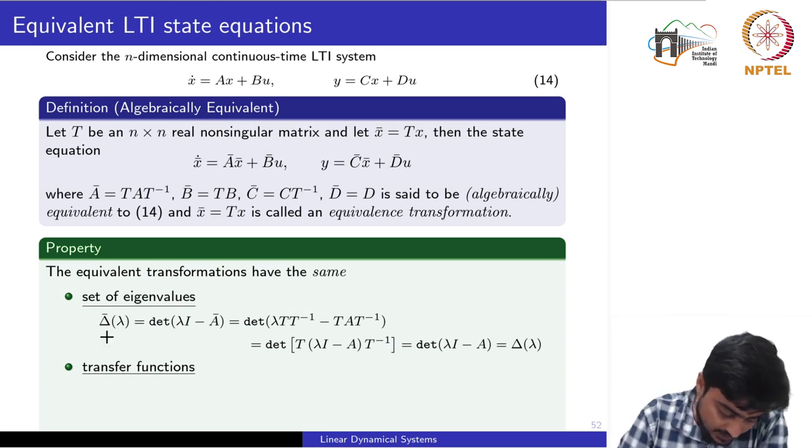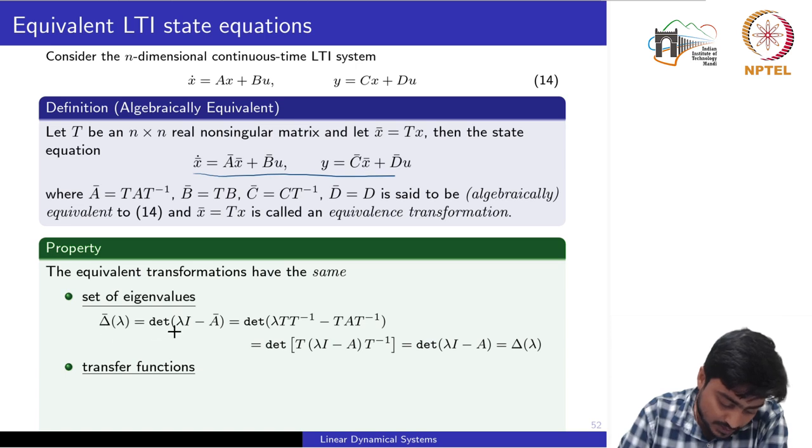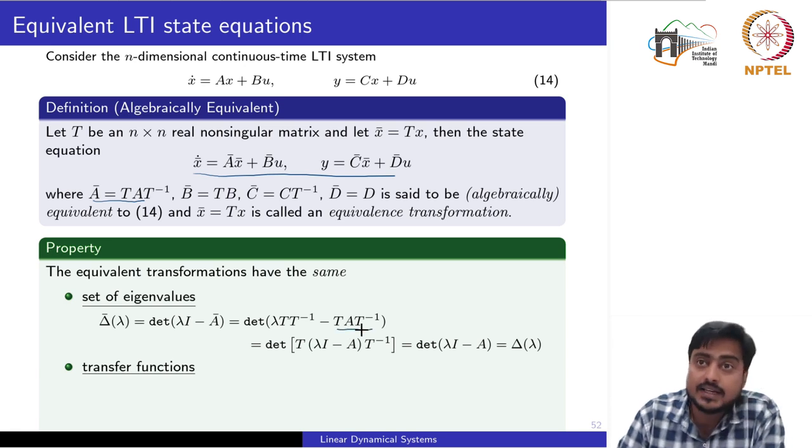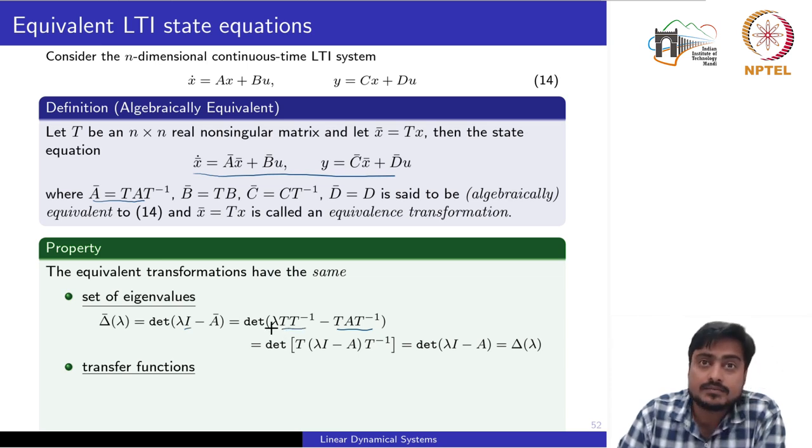Let's say we define the characteristic polynomial of this representation as delta bar of lambda, which is given by the determinant of lambda I minus A bar. Now if I replace this A bar from this equation, we get T A T inverse, and I replace I by T into T inverse.